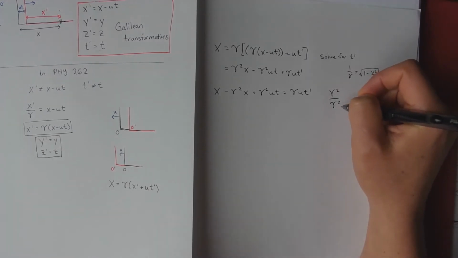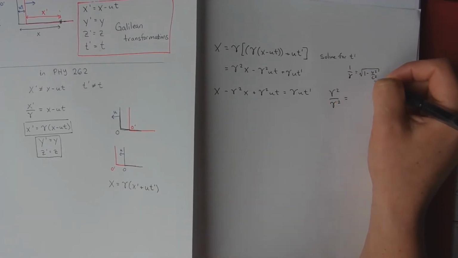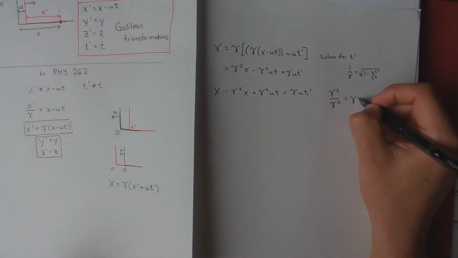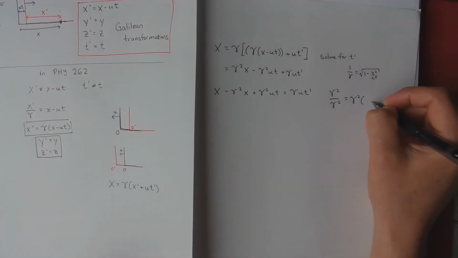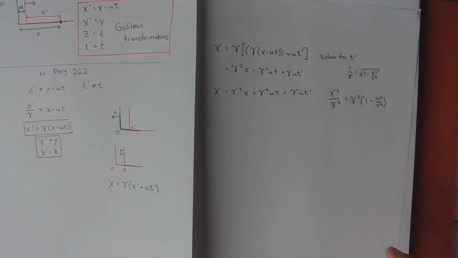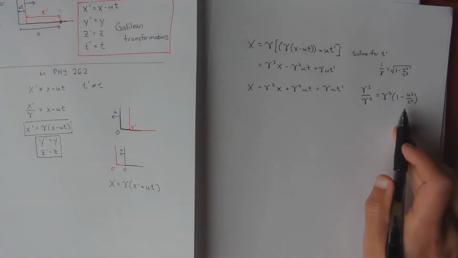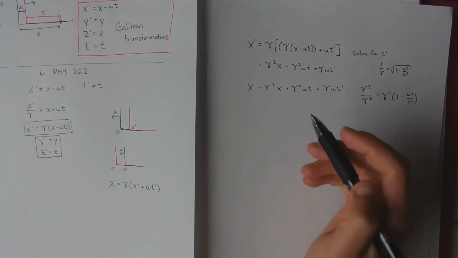So this gamma squared in the denominator would be equal to 1 minus v squared over c squared in the numerator. Except that in general it was the velocity v, but for this situation that relative velocity would be u. So this would be gamma squared times 1 minus u squared over c squared. Okay, so I'm going to multiply x by this because this is just equal to 1.